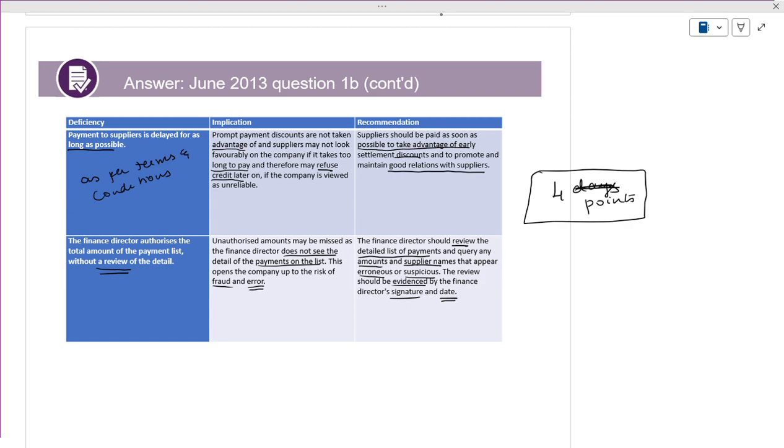I am telling you this for the examination also. Unfortunately, if 3 are right and 1 is wrong, don't worry about that. But don't make the mistake of writing 5. Is it clear?